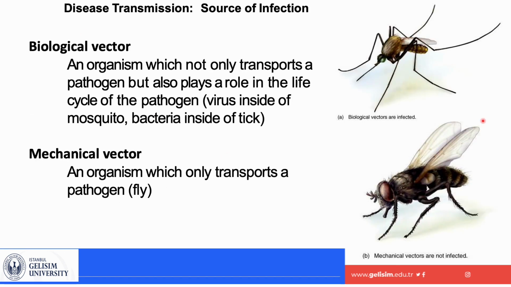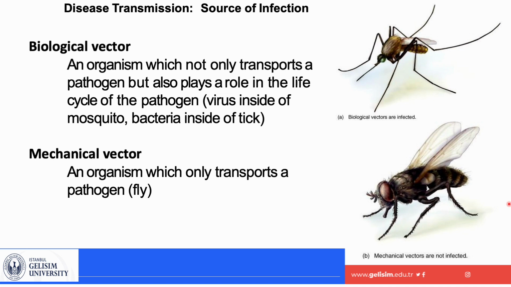So, moving on to vectors. You have biological and mechanical vectors. A biological vector is an organism that carries the pathogen and is also involved in the pathogen's life cycle. The example they gave is a virus inside of a mosquito or bacteria inside of a tick. A mechanical vector, on the other hand, only carries the pathogen and doesn't play a role in the pathogen's life cycle.